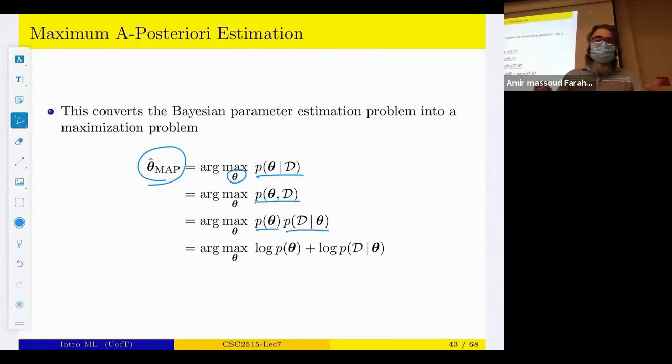Taking the log of the objective doesn't change anything, so we can write it as log of P of theta plus log of P of D conditioned on theta. This was the term that we had for MLE, but this is the new term that is coming from the prior.